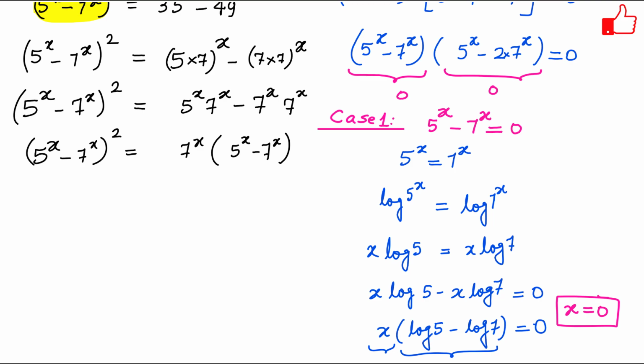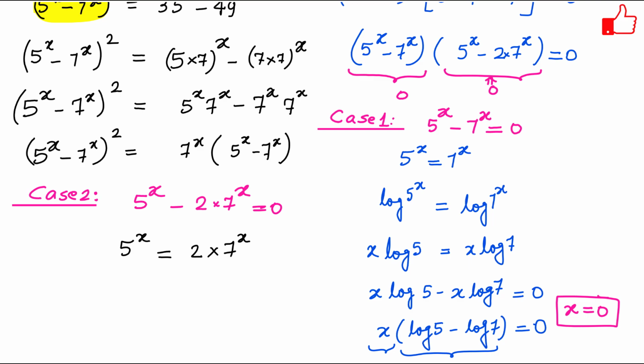Now let us consider the second case, that is when this term is equal to 0. So that is case 2, and in this case I can say 5 raised to the power x minus 2 times 7 raised to the power x is equal to 0, and once again I can take this term to the right hand side. So I will have 5 raised to x is equal to 2 times 7 raised to x, and then I can take log on both sides.